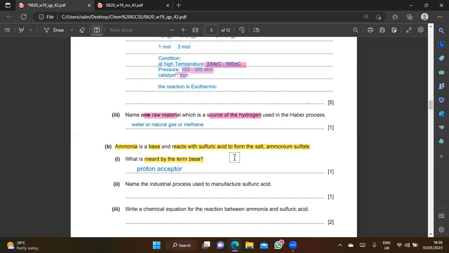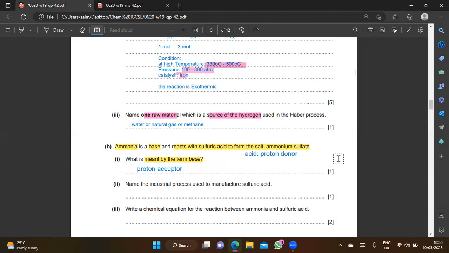Just to go through this topic, sometimes they will ask you what is the meaning of an acid. An acid is the opposite, proton donor. So I just want you to get yourself familiar with the definition of your acid and your base or alkali.